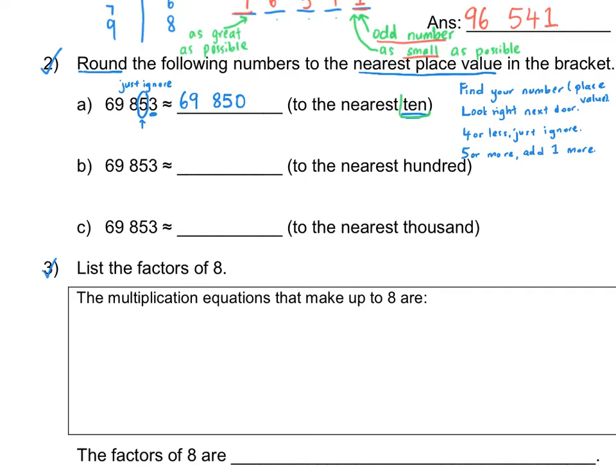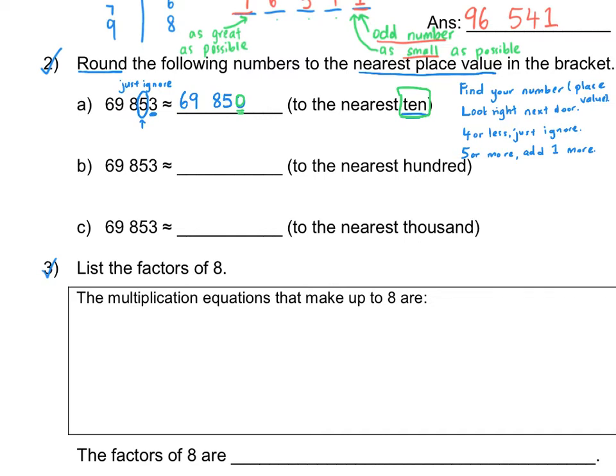They want the nearest 10. 10 has how many 0s? 10 has 1 zero. So check. Okay, so it is highly possible that this is the correct answer because it's in tens. There is 1 zero in the question. Okay, so when you round off to the nearest 10, it is 69,850. Now let's go on to part B.